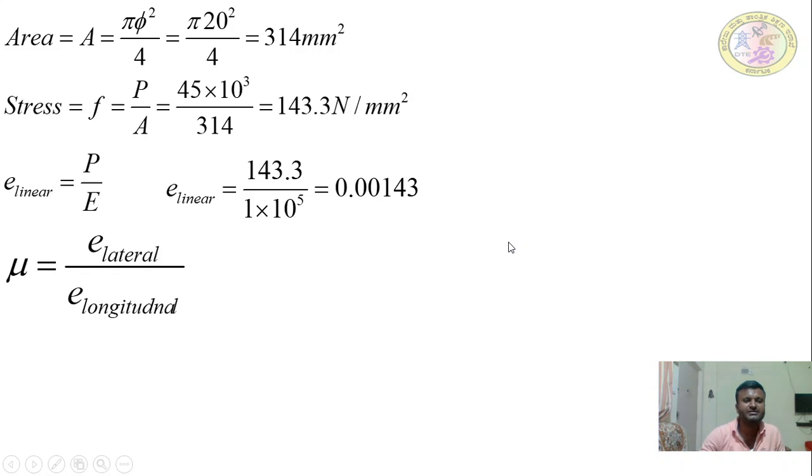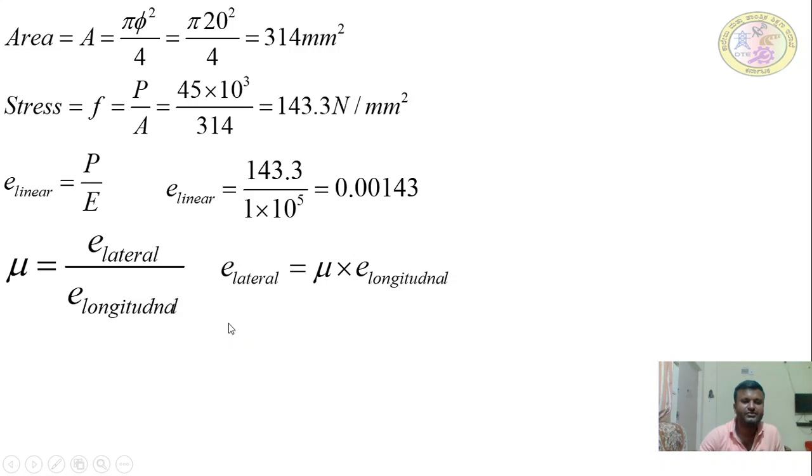Next, we know Poisson's ratio. The relation between Poisson's ratio and lateral and longitudinal strain is the ratio of lateral strain to longitudinal strain, denoted E lateral and E longitudinal. We know mu is 0.25, that is Poisson's ratio, and the longitudinal strain is 0.00143, so find out the lateral strain.